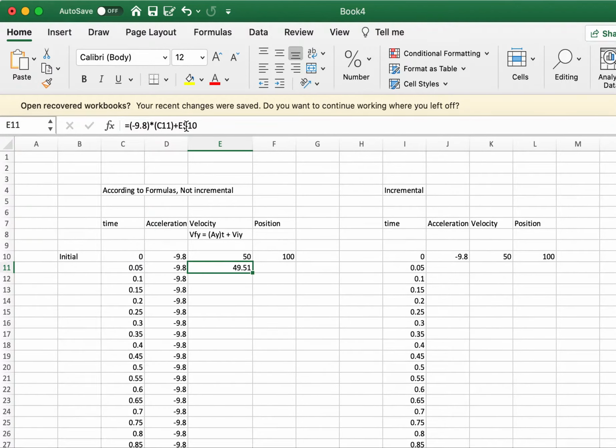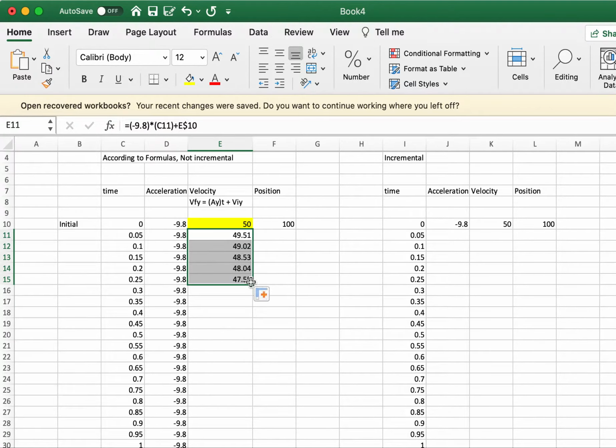Why did I put the dollars there? Because I want to lock on the initial velocity. That's an important number, and I have to put the dollars so that it stays with that cell even if I drag this down.